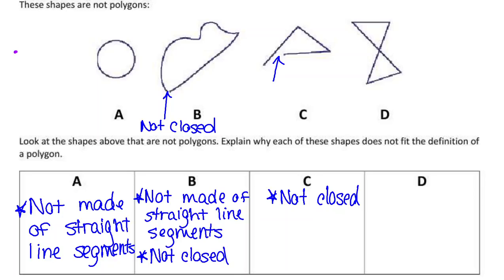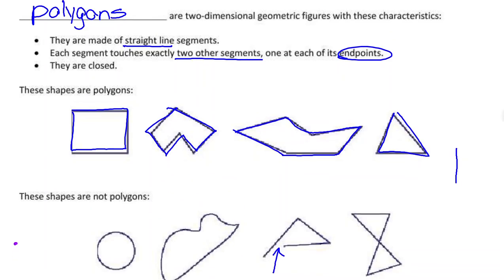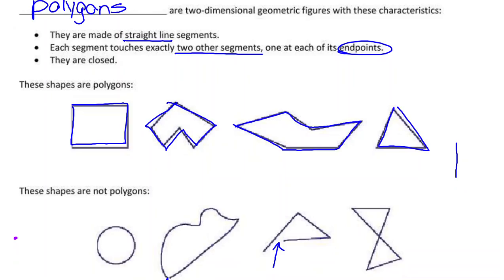And D's a little bit tricky. If we look back at the definition of a polygon up at the top, it says they are made of straight line segments. Well, that one's made of straight line segments. If I look at it, everything is straight touching.